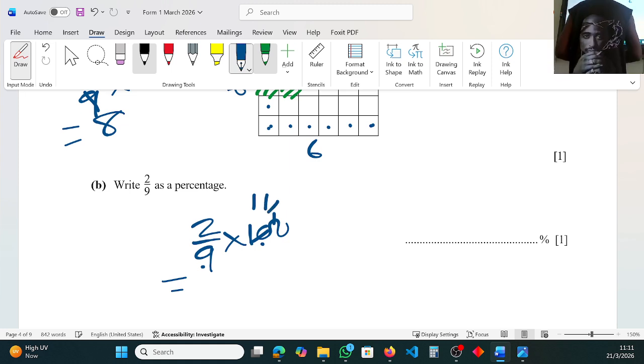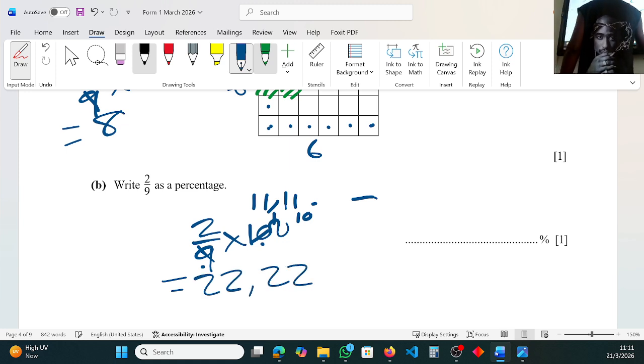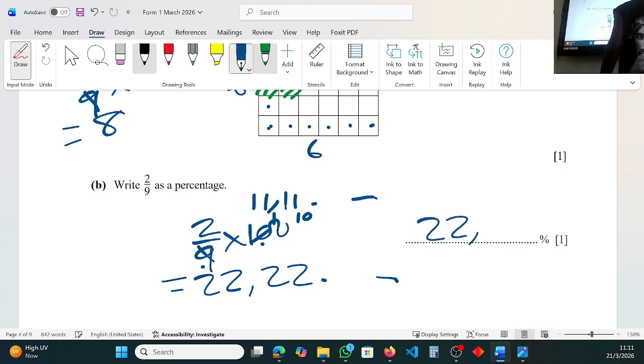Then I put a decimal point because we're done with the whole part. On the fractional part, we have another 1 as a remainder. We'll add a 0. So 9 into 10. It looks like it keeps on recurring like that. But I'm multiplying this by 2, so it will give me 2's which are recurring. So to 2 decimal places, I can have this as 22.22%.